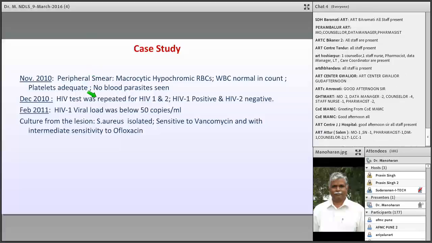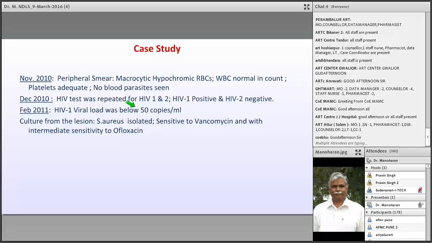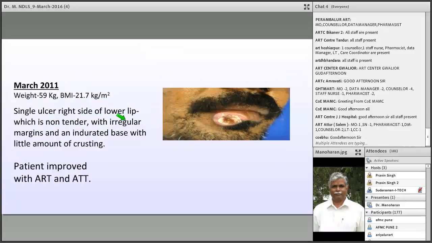But the HIV test was repeated for HIV 1 and 2, and he was diagnosed to be HIV 1 positive, but HIV 2 came as negative, and his viral load was less than 50 copies per ml. During this period the culture from the lesion grew Staphylococcus aureus, and it was treated appropriately.